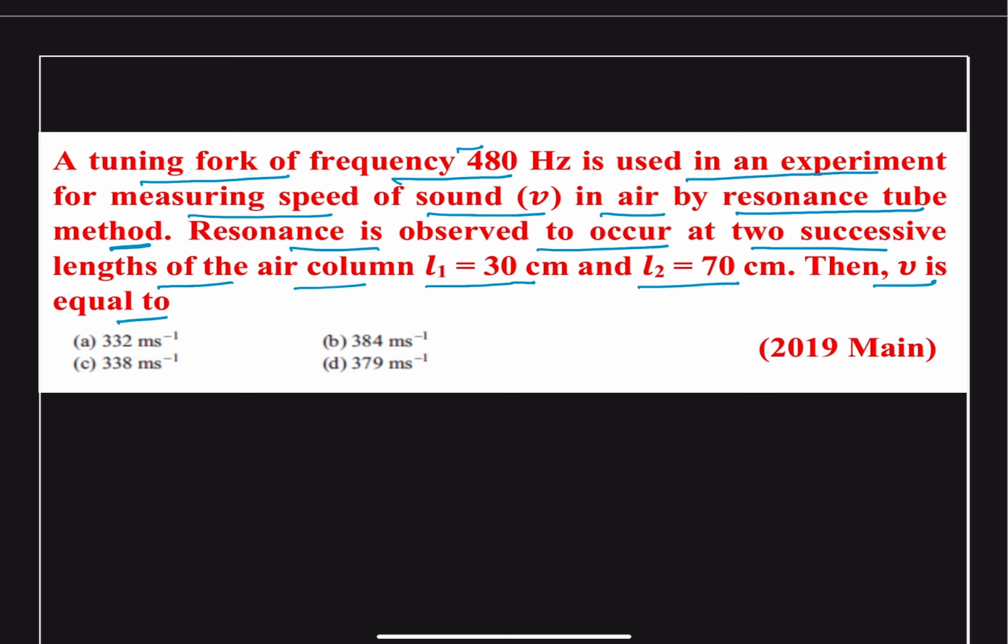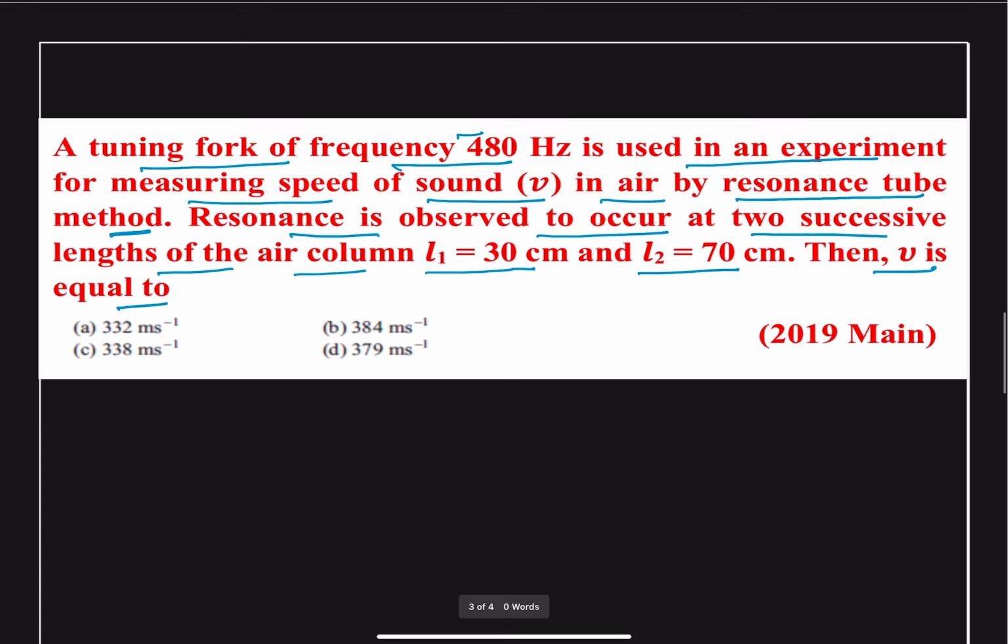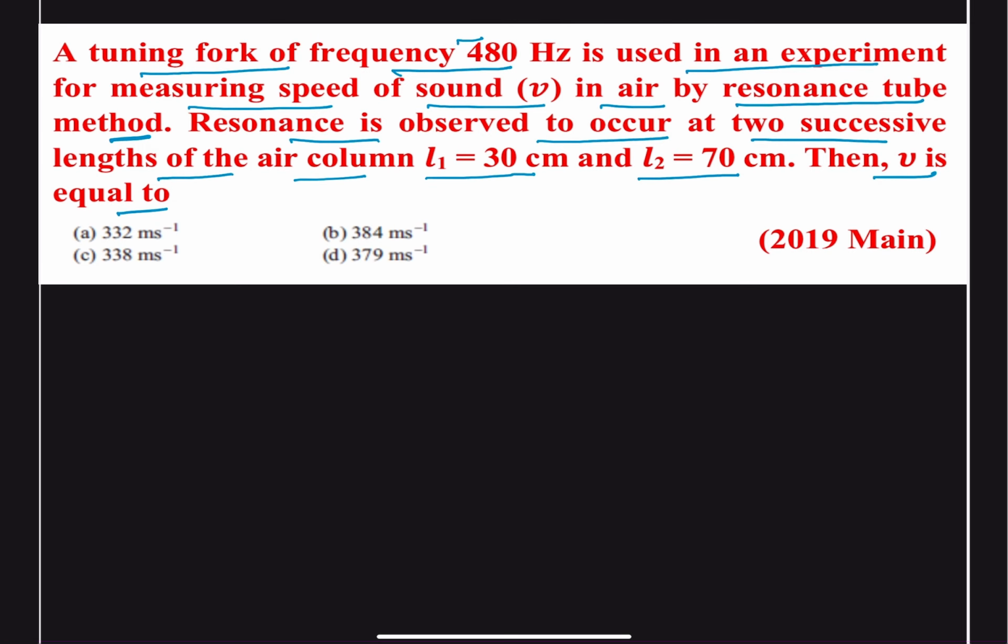So we can say that the difference in the length, from here we are going to calculate the wavelength, and from there we are going to easily find out the velocity. So we start from there only.